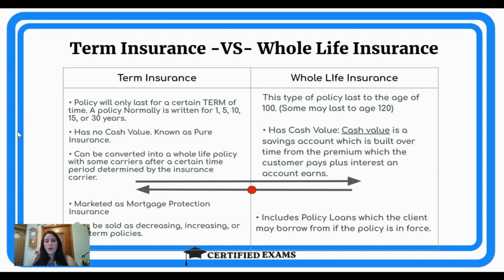Basically, what I'm trying to say is you can start taking policy loans from a given whole life policy if there is enough in that cash value account. Okay. And that will depend on each individual policy. You would just want to look at your actual contract to see when that is. Typically, it's about year 3. Some may be a little before, some may be a little after. But again, that's what that basically means.